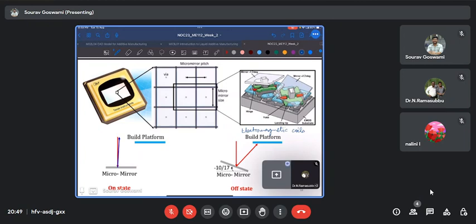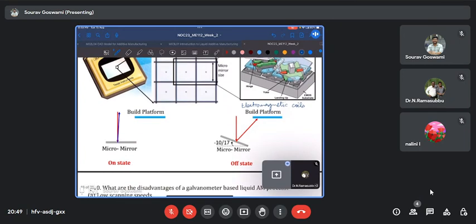So the nominal off state or nominal on state can vary depending on the process.